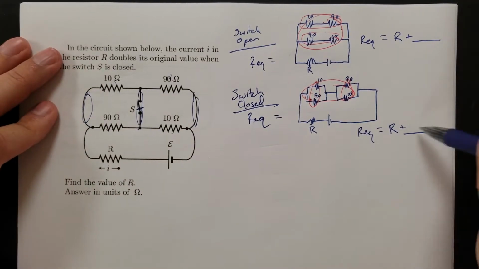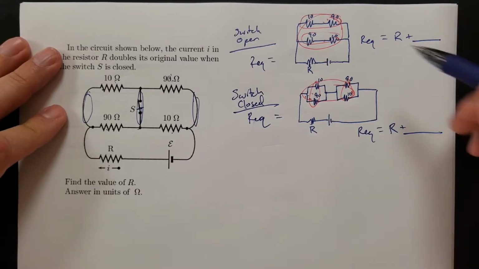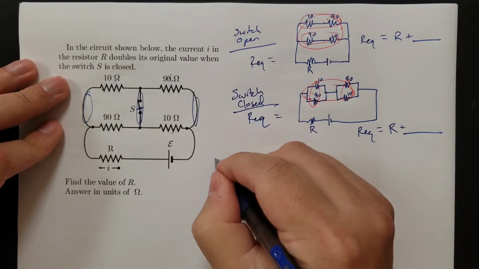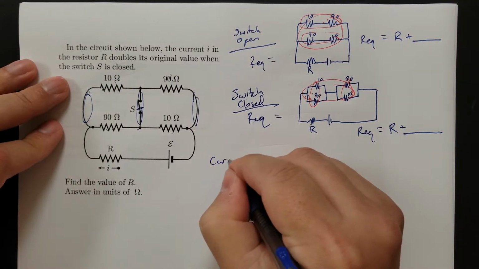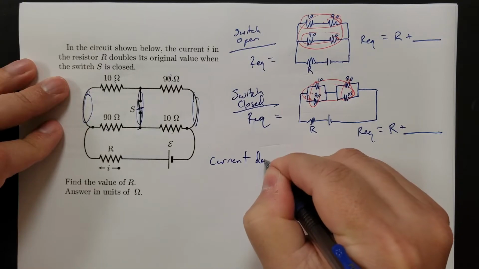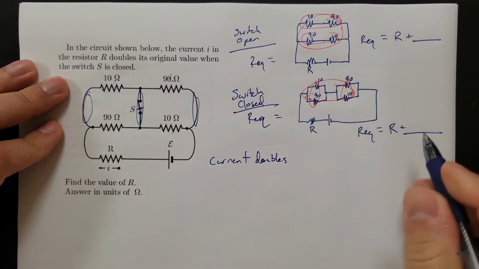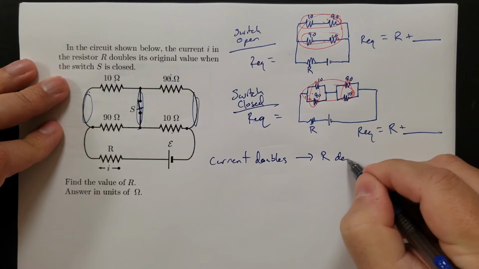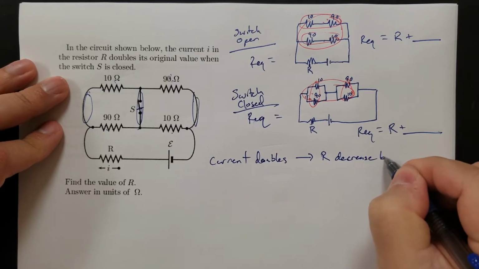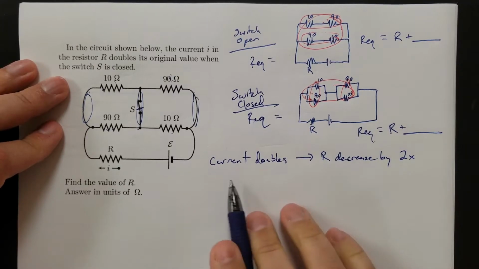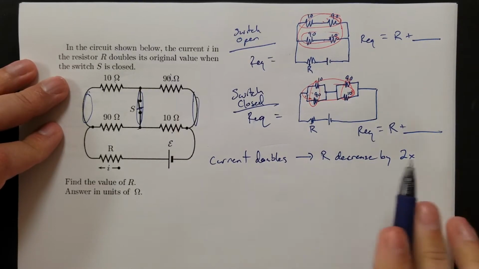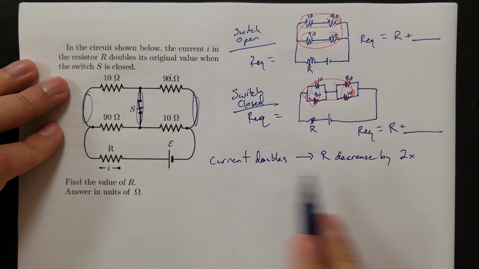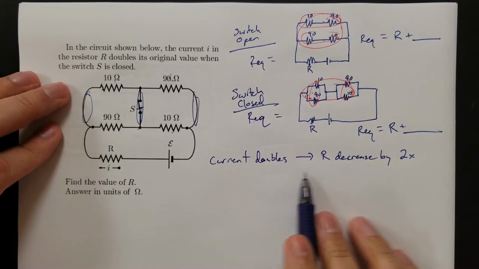I've got some number here and some number here. So I can take what I know about the current to figure out R. So if the current doubles, that causes the resistance to decrease by 2 times, right? Doubling the current means the resistance decreased by 2 times because same voltage equals current times resistance, right, from Ohm's law.